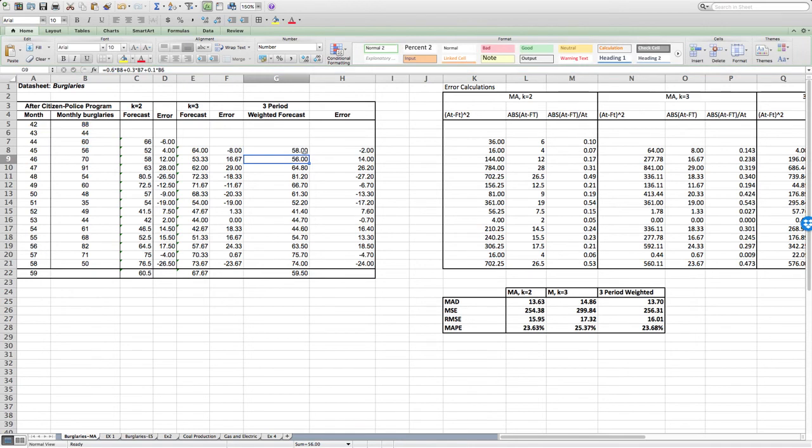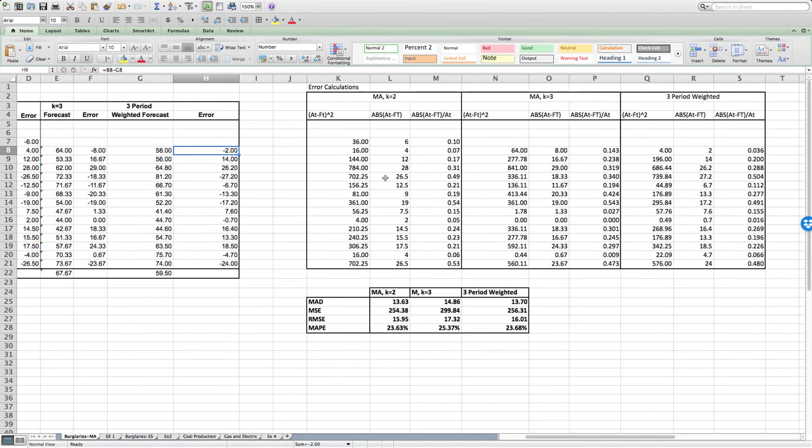Okay. Well, we do also keep track of the error for the 3-period weighted metrics and forecast. So here on this section, for moving average with k is equal to 2, I calculate (AT minus FT) squared, in absolute value what AT minus FT is, and also in absolute value AT minus FT divided by AT.